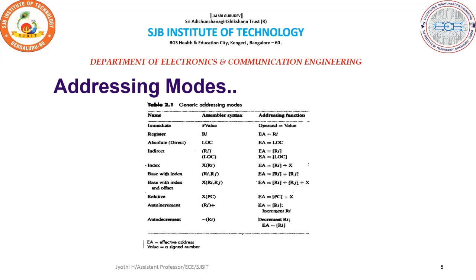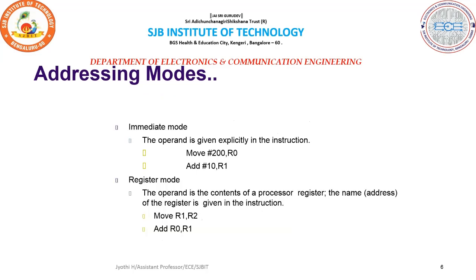Next we go to implementation of variables and constants. In immediate mode, the operand is given explicitly in the instruction, for example Move #200, R0, where the number is moved to R0.